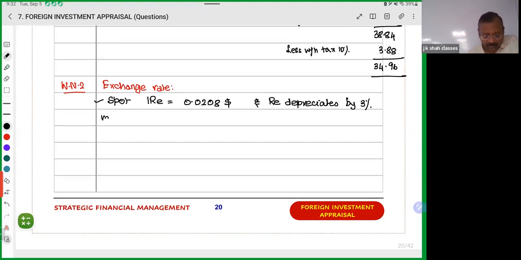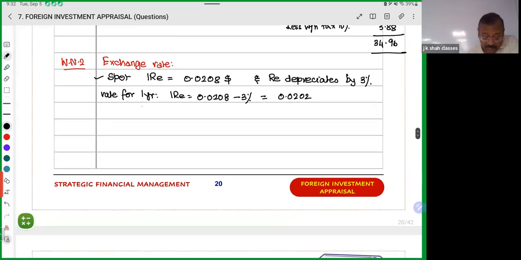So rate for 1 year will be 1 rupee equals 0.0208 minus 3%. 0.0202? Okay.